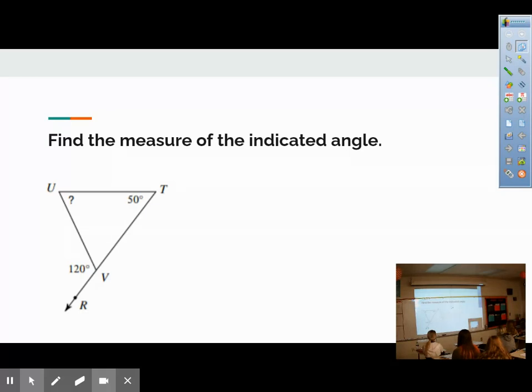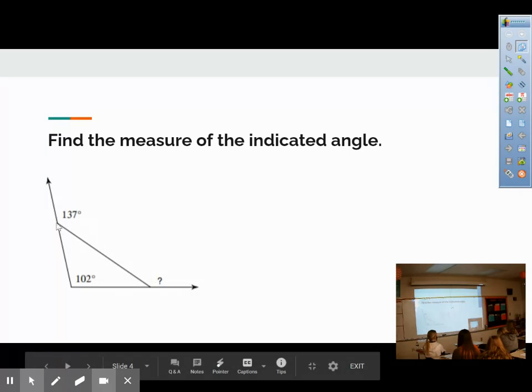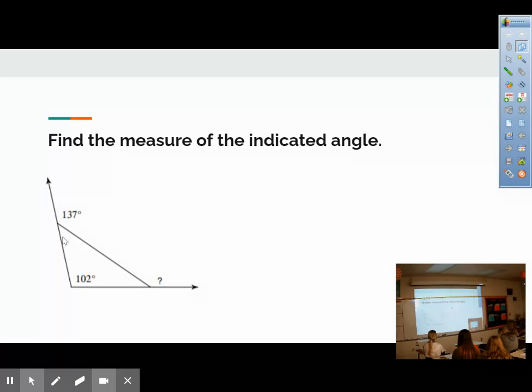I can never tell when you can just subtract it like that. Whenever it's an exterior angle, and they give you one of the two non-adjacent ones. What did the last problem look like? This one, you had to find this angle first, which was 43. Then all you had to do was 102 plus 43 to get this angle out here.